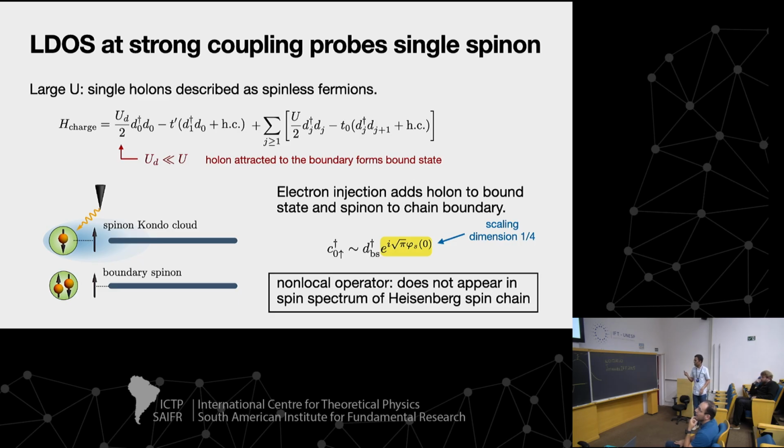And it's also important that this operator by itself is non-local, the single spinon operator, so you cannot see it in a Heisenberg spin chain by probing the spin spectrum, but here it's possible because it's actually combined with something that acts in the charge sector but only adds a hole onto this bound state. Right? So all the more interesting dynamics will come from the spinon, so you could basically probe the properties of this operator that creates the spinon.